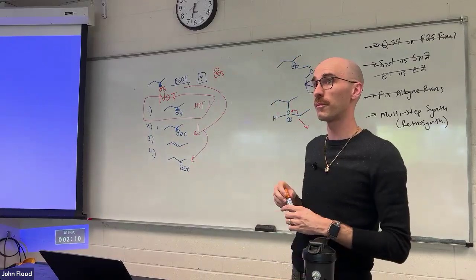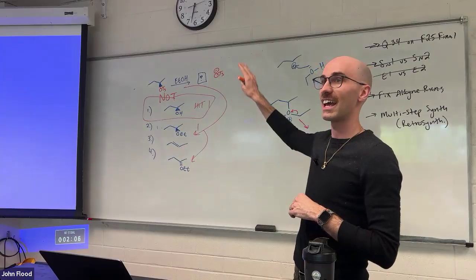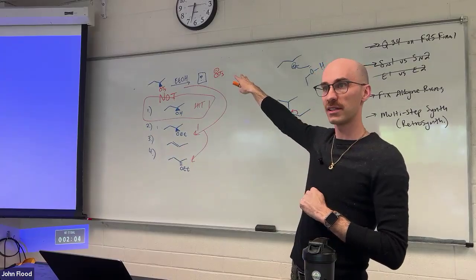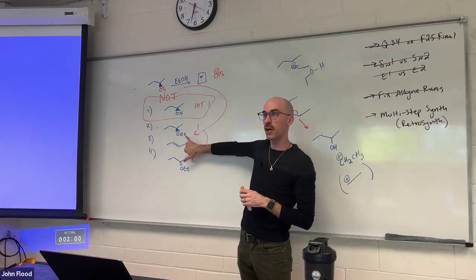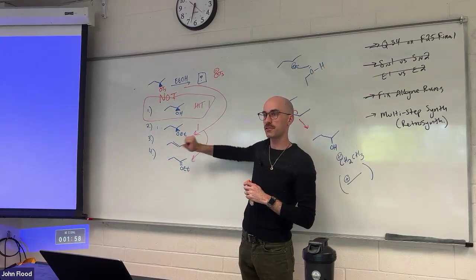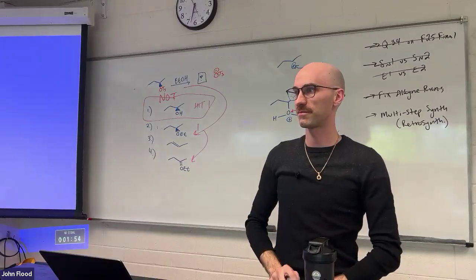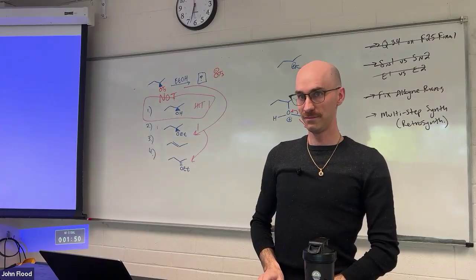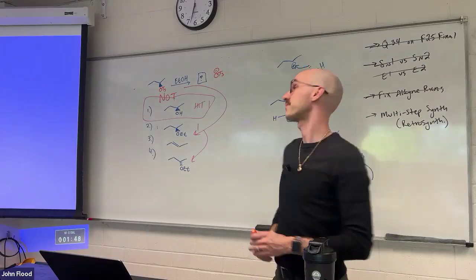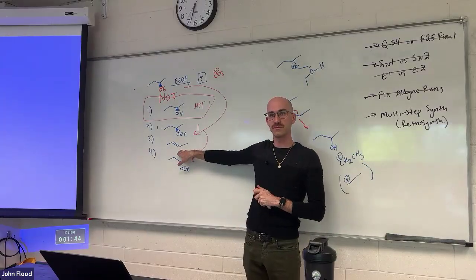Two and four do form, because this is an SN1 E1 competition, and SN1 gives a mixture of stereochemistries. Do you have a follow-up on that? Okay, Allie. Three forms. Three is the E1 product.